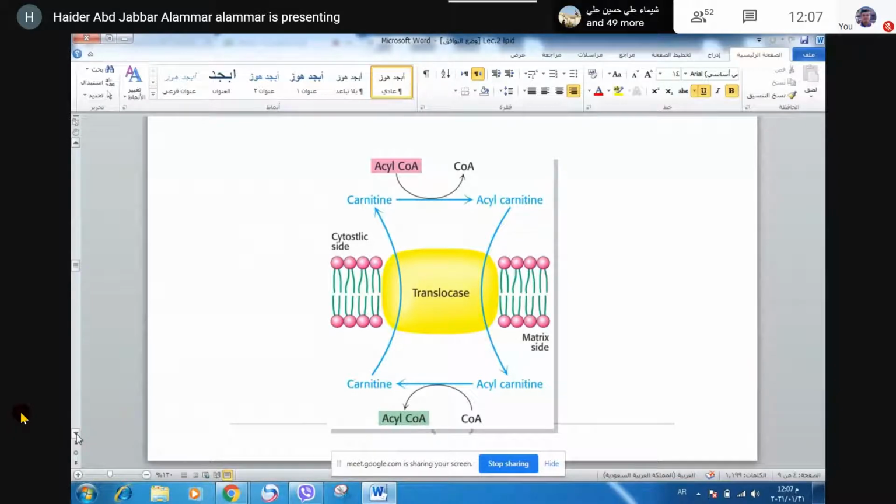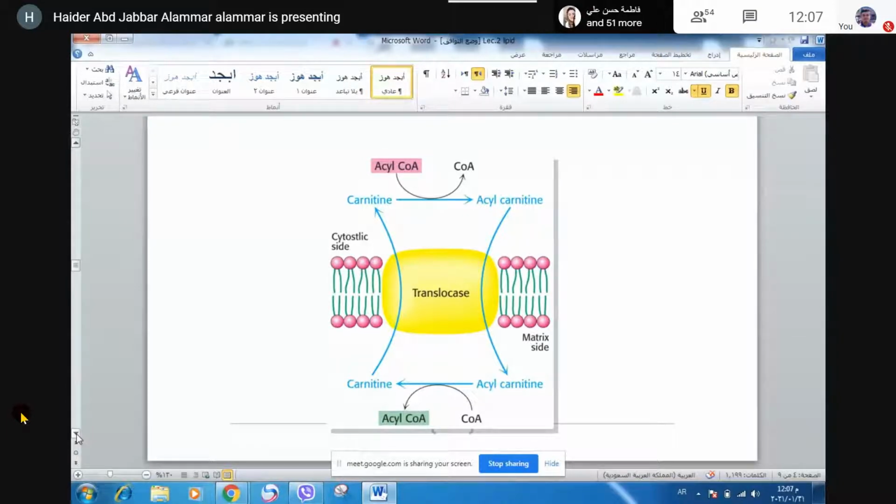By the action of carnitine acyltransferase 2, the acyl coenzyme A is removed from the acyl carnitine, as you see. Please concentrate with me. The carnitine is reused again, and the cycle repeats itself more and more. Is that clear? I believe it is clear.